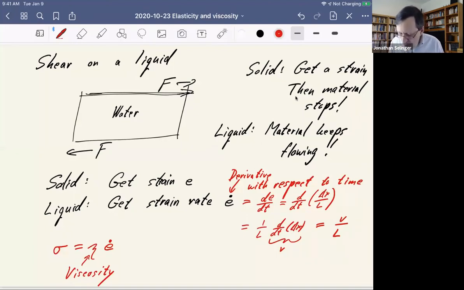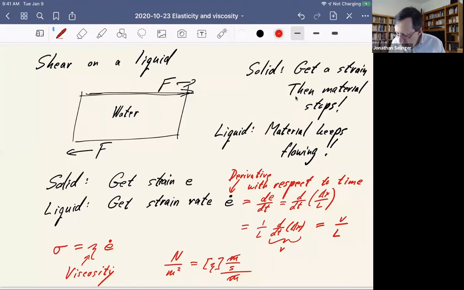Well, first let's figure out what the units of viscosity are. The shear stress on the left side is newtons per square meter. That is viscosity times the shear strain, which is velocity over length, so meters per second divided by meters.